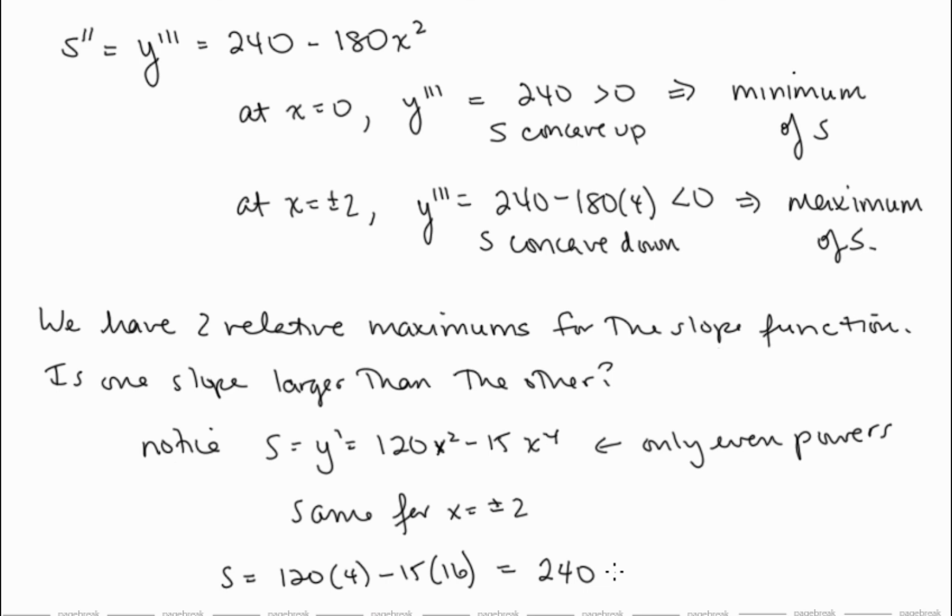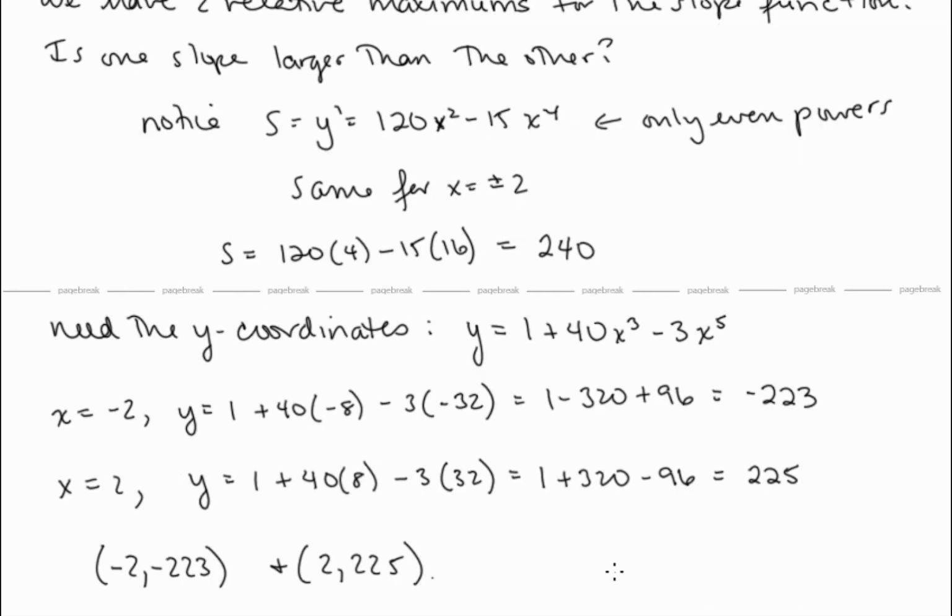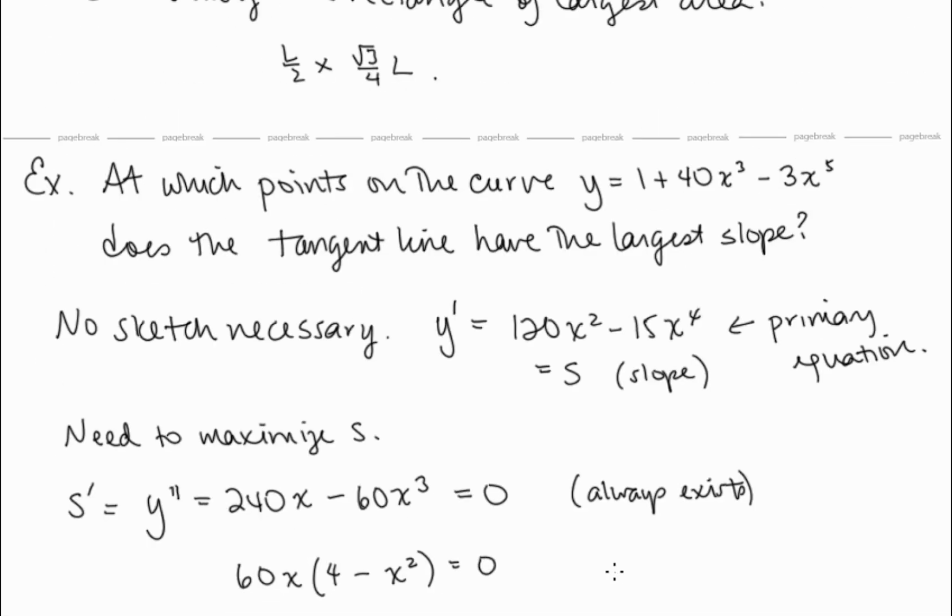So we have 2 points at which we have a maximum slope. Also notice that our first derivative here, our slope function, is a downward facing 4th degree polynomial. So these 2 relative maximums are also the absolute maximum values and give us the absolute maximum slope value for this function. And to answer the question, they said, at which points on the curve does this happen?